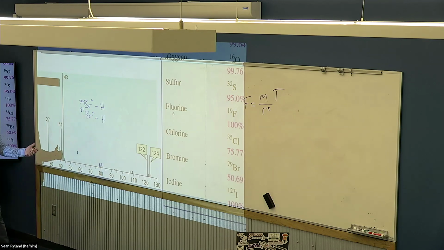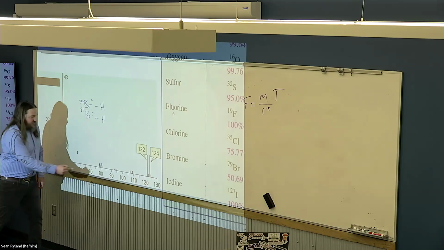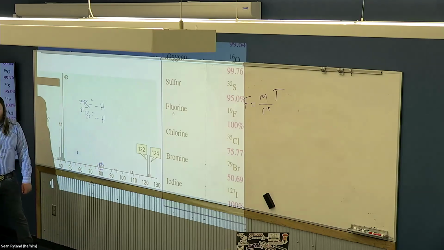Because bromine typically forms bonds with hydrogens pretty readily, right? So that's probably what this whole section is, just bromine by itself or with a hydrogen as your ion, but it's not very high.